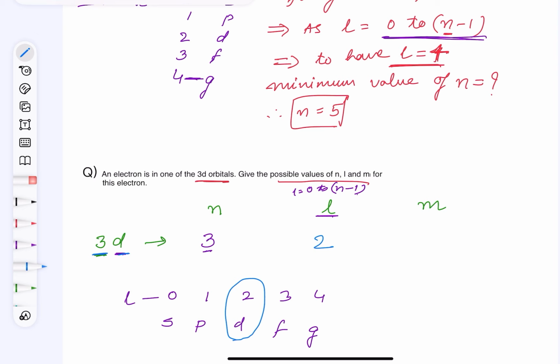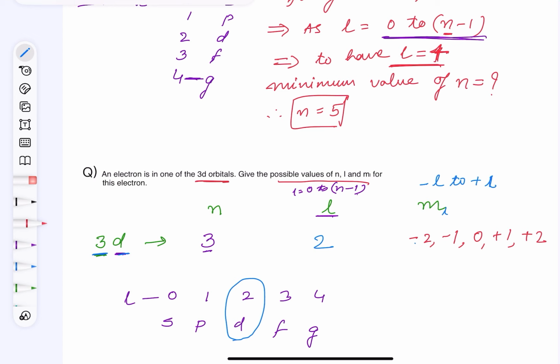Now, ML is the magnetic quantum number, which can be found with the help of the azimuthal quantum number L. You know that its value ranges from minus L to plus L. So if L is 2, then values of m would be minus 2, minus 1, 0, plus 1 and plus 2.